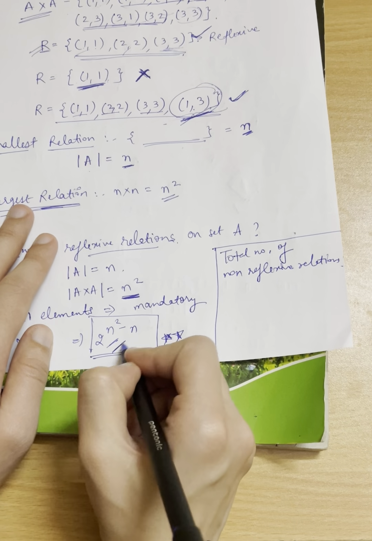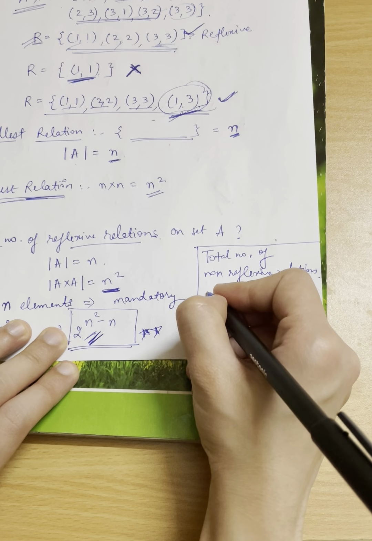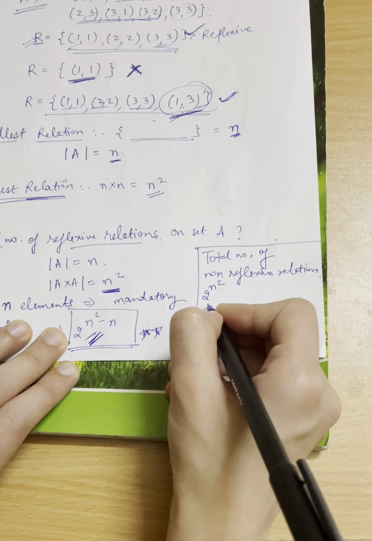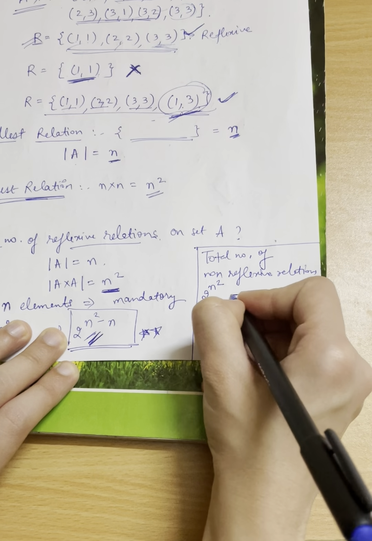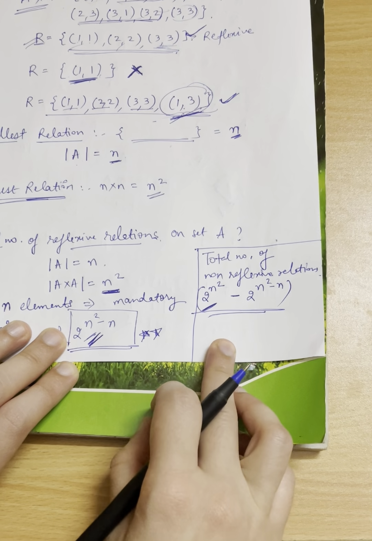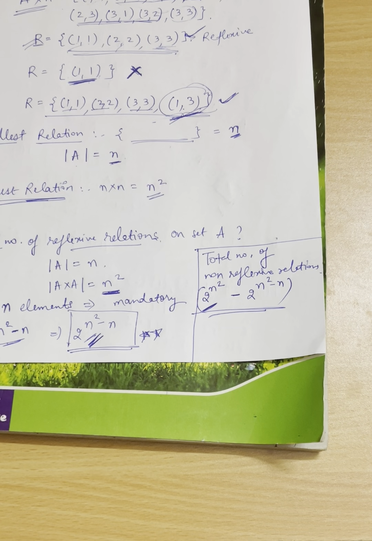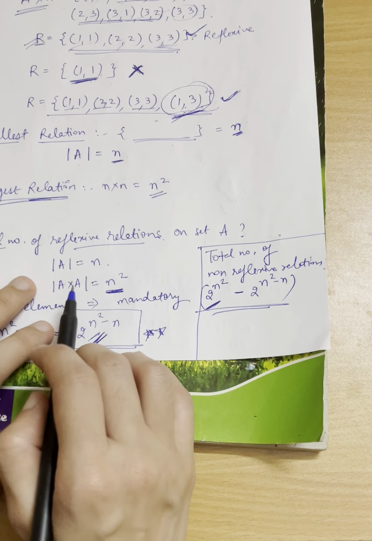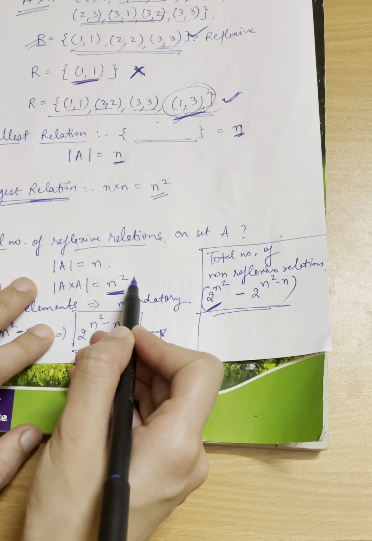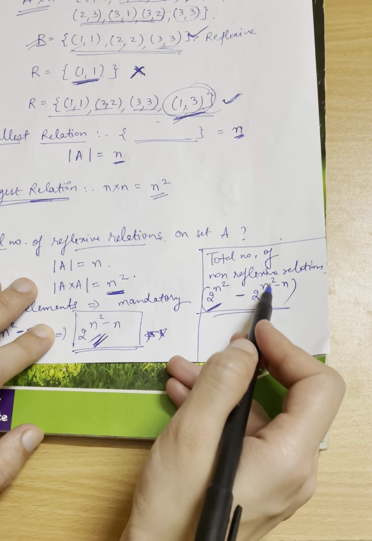If these are reflexive relations and we know the total number of relations, which we already found, 2 power n square, since both sets are the same and the cardinality is n square, and each element has a possibility of 2. So the total number of non-reflexive relations is 2 power n square minus 2 power n square minus n.